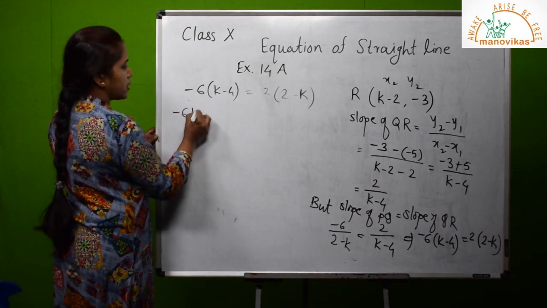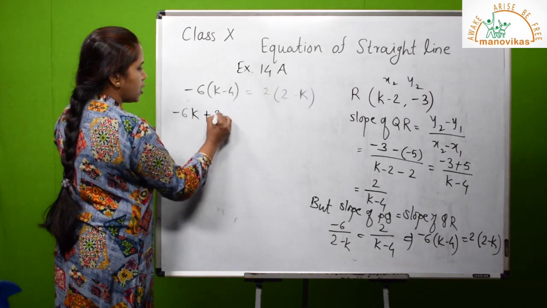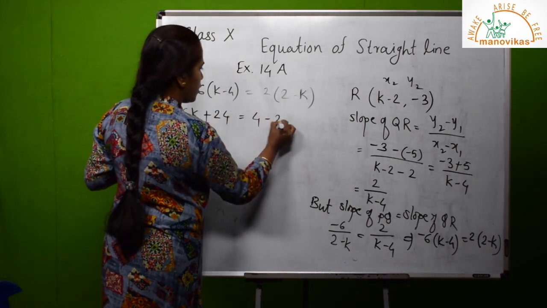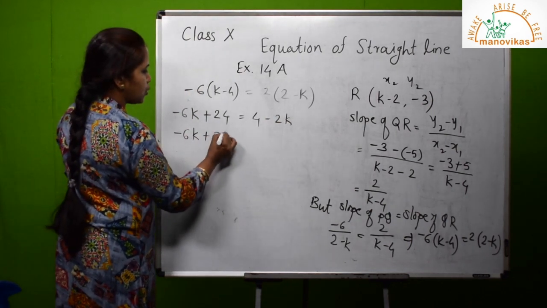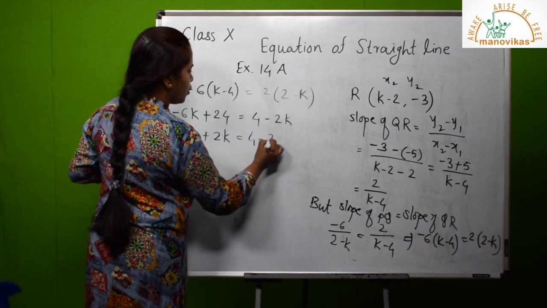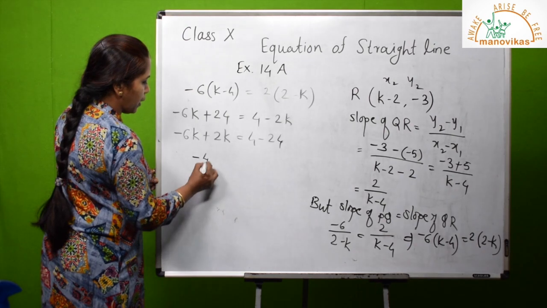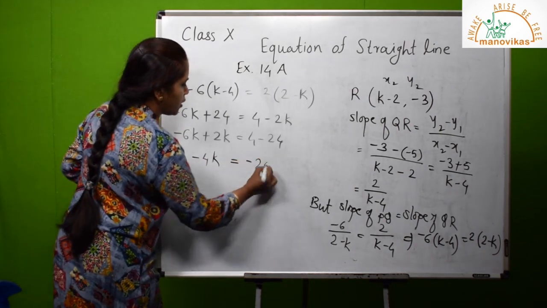So minus 6k plus 6 fours are 24, is equal to 2 into 2, 4 minus 2k. So minus 6k plus 2k is equal to 4 minus 24. So minus 6 plus 2, that is minus 4k is equal to minus 20.